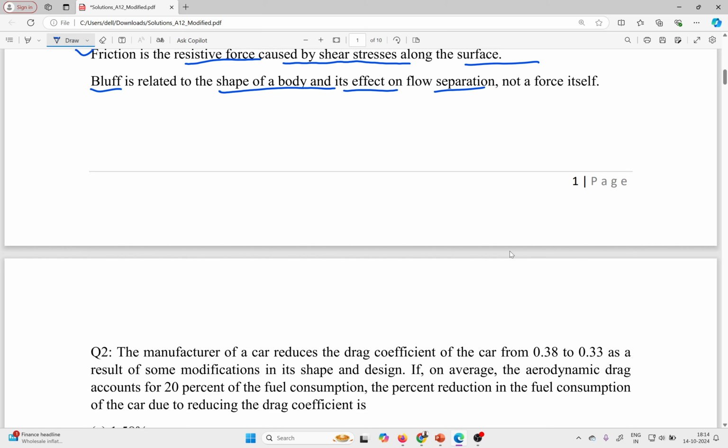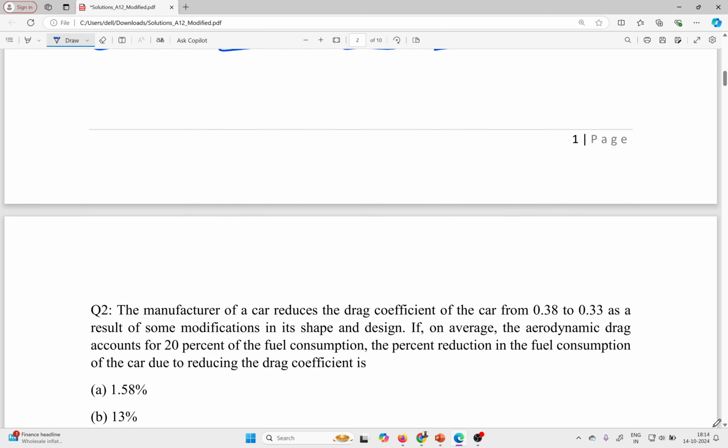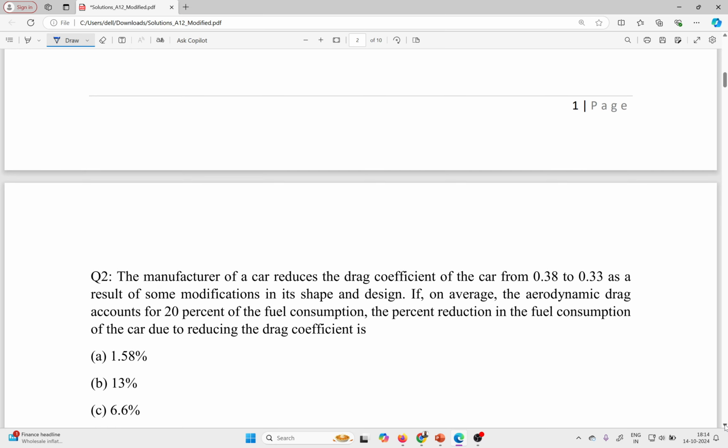Now the next question is very interesting, so you can take 5 minutes for question number 2. The manufacturer of a car reduces the drag coefficient of the car from 0.38 to 0.33 as a result of some modification in the shape of the design.